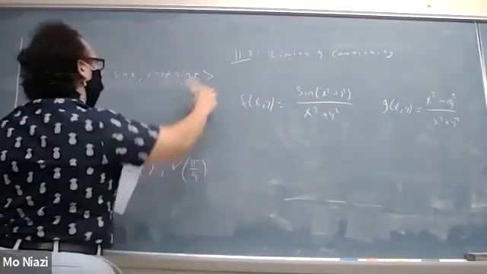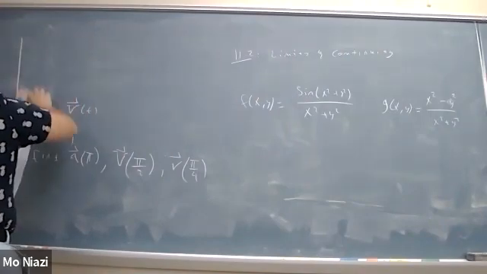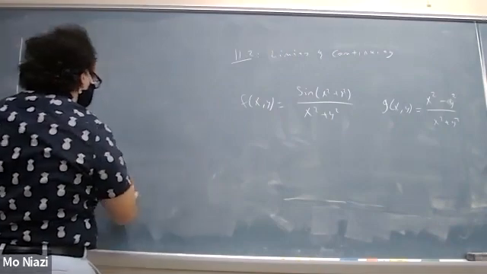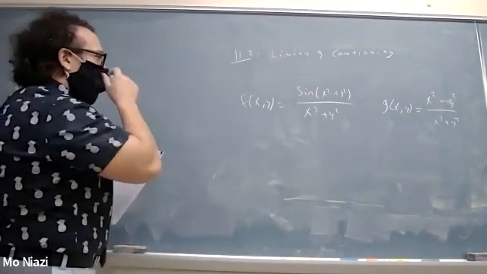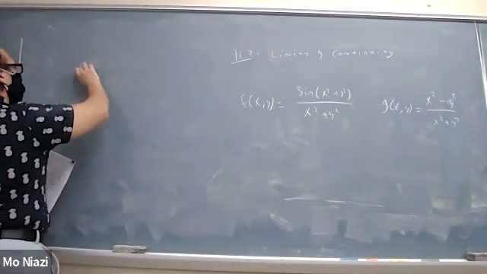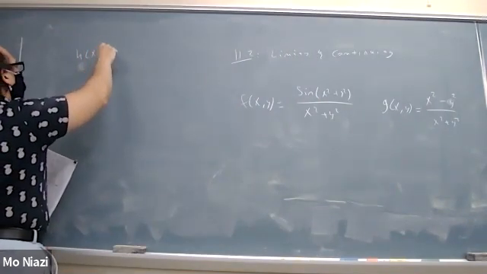Just like how we could calculate the limit as x approaches a of f of x, so too we can calculate the limit as a pair of values approaches a pair of evaluated values. So let me invent another one. Let me invent an h of x, y.